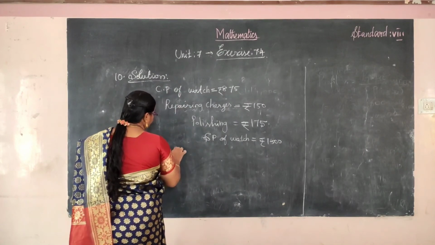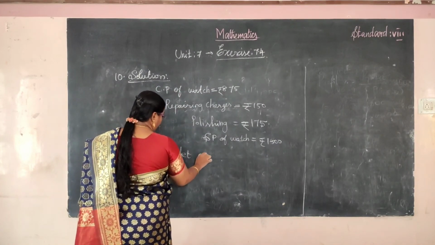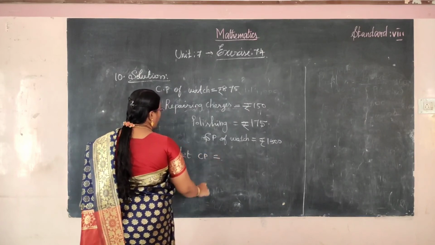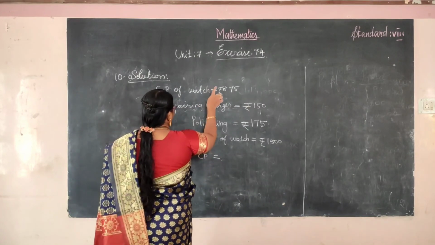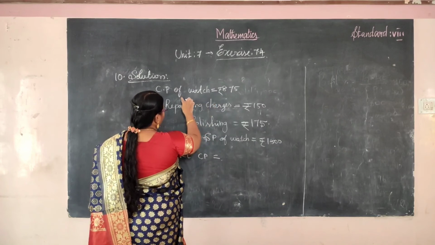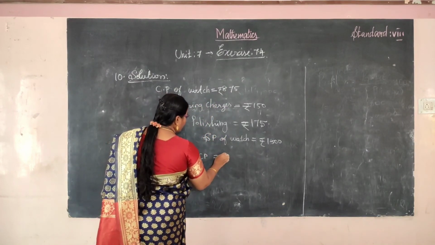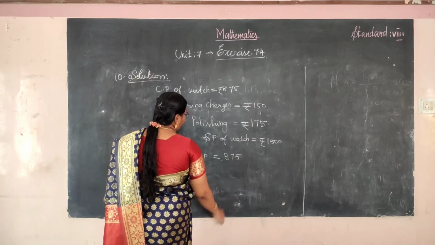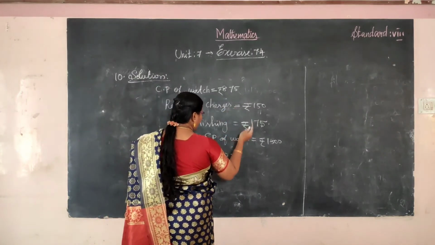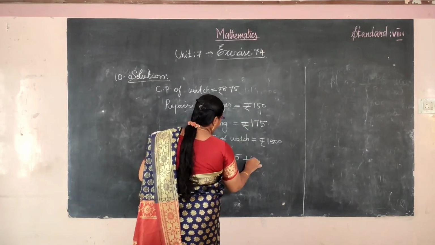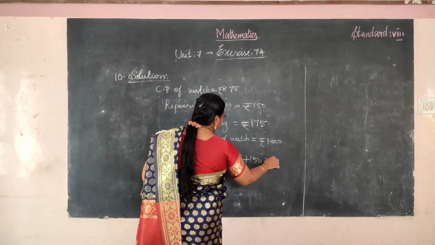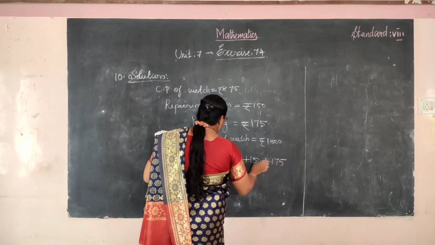So first we have to calculate the net cost price, or total cost price. What values have we to add? The cost price of the old watch, rupees 875, and next repairing charges plus 150, plus polishing charges 175.